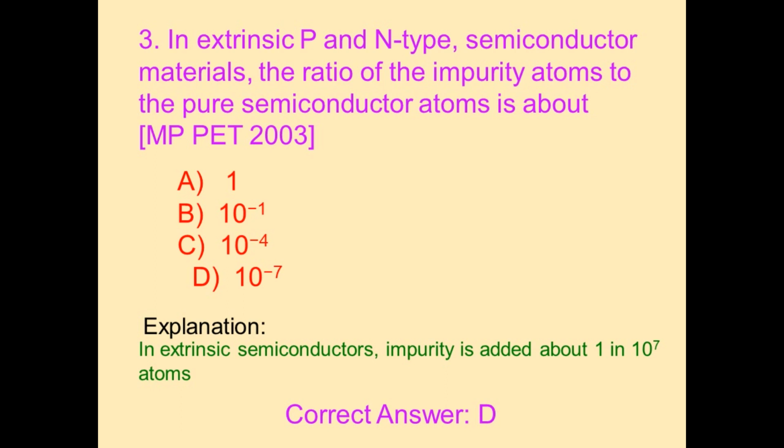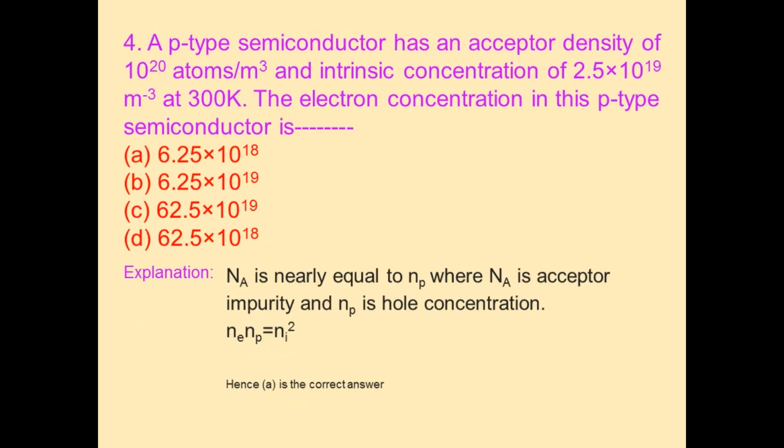So here we want the ratio of impurity atoms to the pure semiconductor. So 1 divided by 10 power 7, which is equal to 10 power minus 7, the correct answer is D.